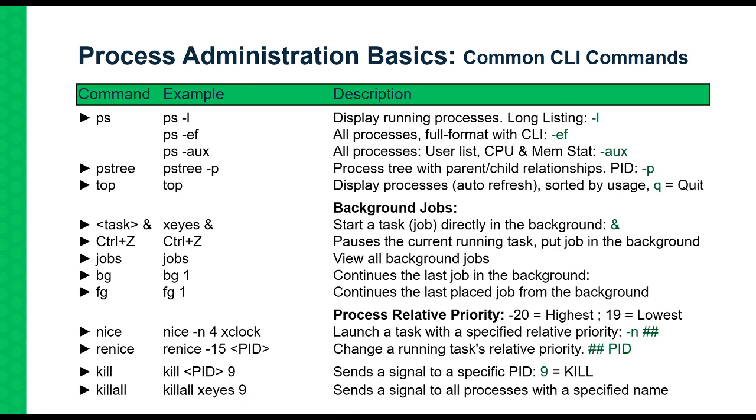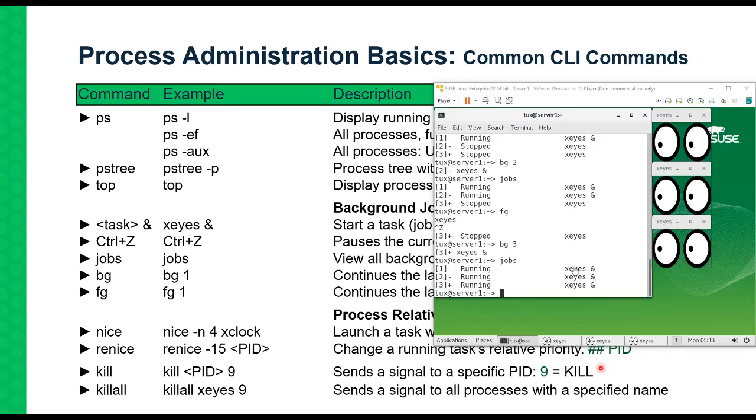Let's quickly try that in our labs. So here we still have our 3 processes running there. We can see them. So our first one will be to do a nice of XClock. Okay, so we haven't run XClock yet. So let's first run XClock now.